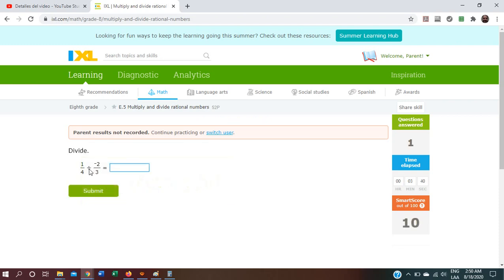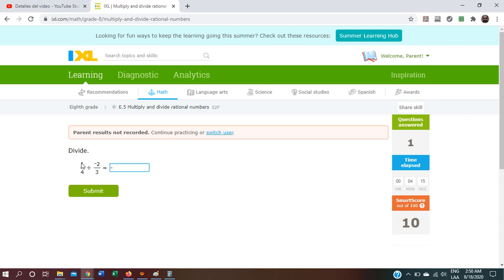So now we have a division. It's the same rule that applies about the symbol rules. In this case, different symbols, we have positive and negative, so the answer is going to be negative. But because this is a division, we are going to multiply, but it's going to be a crossed multiplication. So the numerator is going to be multiplied times the denominator.